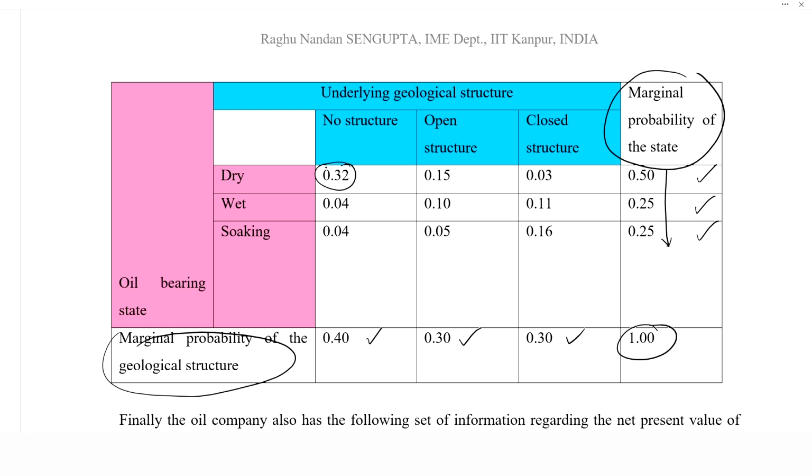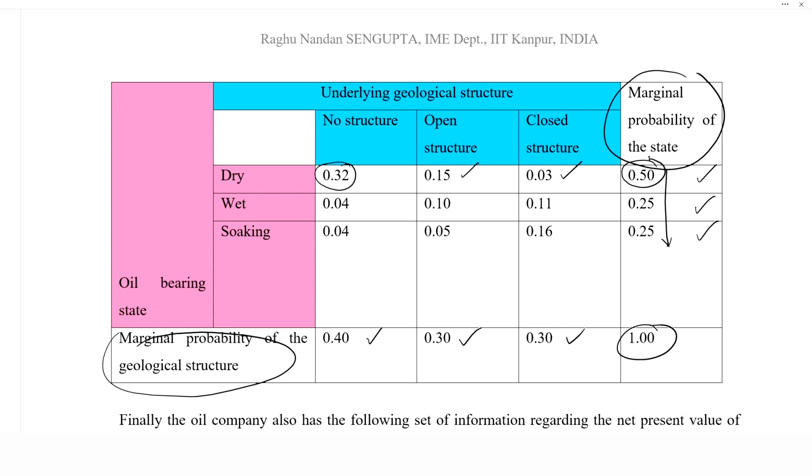It means the oil bearing state is dry and there is no structure and the probability is 0.32. If I continue along the horizontal row, it is dry with open structure 0.15, dry with closed structure 0.03. If you add up 0.32, 0.15, 0.03, the total comes out to be 0.5 as it is along the margin.